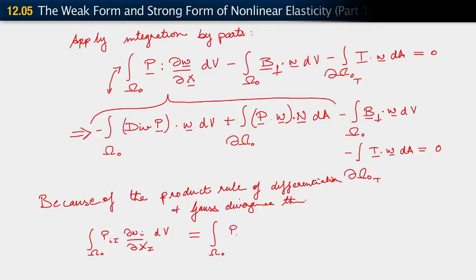It is integral of partial derivative of the quantity P little i capital I W little i, the whole thing differentiated with respect to x capital I, dV, minus integral over omega naught of the partial of P little i capital I with respect to x capital I times W i, dV.